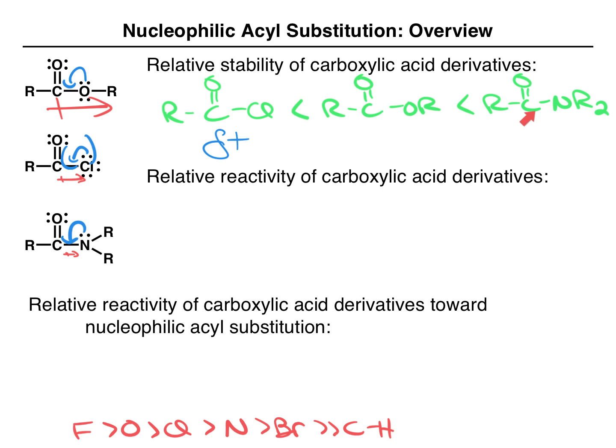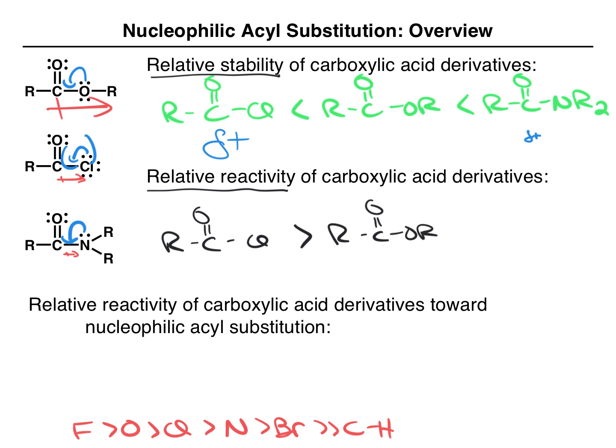So this carbon has a smaller partial plus, is less electrophilic, and less susceptible to nucleophilic attack. In other words, when we think about the relative reactivity of these carboxylic acid derivatives, acid chlorides will be the most reactive, followed by esters, followed by amides.